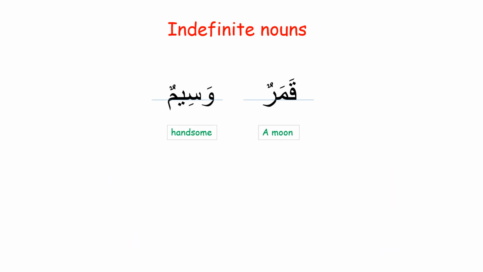With that in mind, let's practice this two-step process. So here we have our indefinite nouns. I'm going to read them first. قمر, وسيم. One more time. قمر, وسيم.